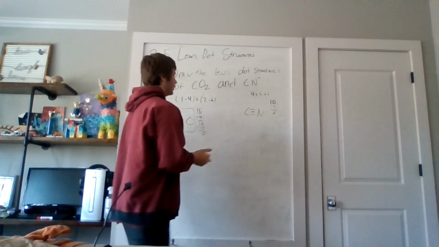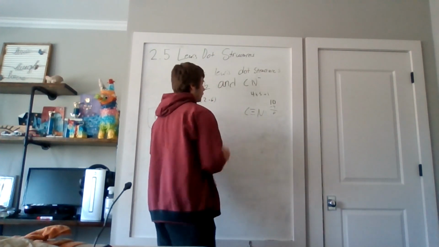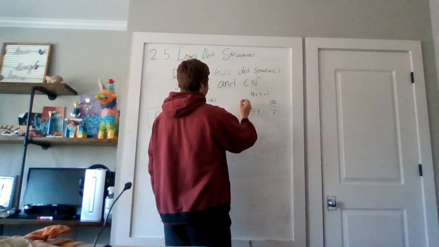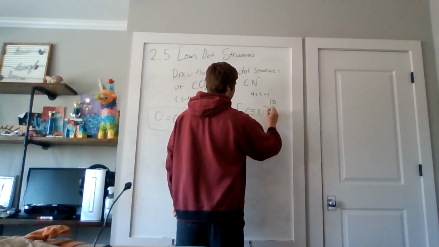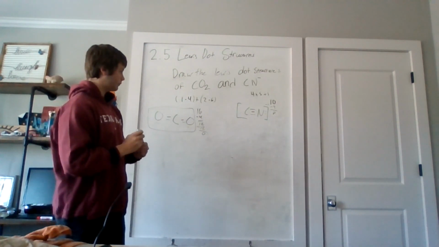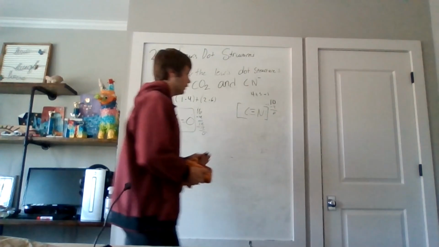And that is almost the Lewis dot structure of CN minus. So all you have to do now is put in that bracket and then -1, and that signifies the Lewis dot structure for cyanide.